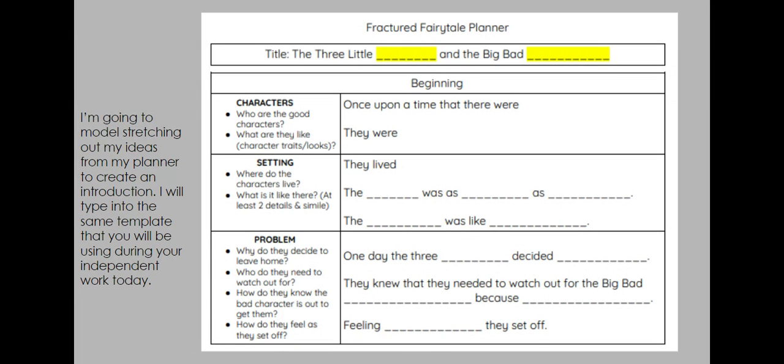They loved their home growing up. There was a problem. I'll introduce it there. Since I used "as" instead of "like," I'm going to erase this other blank space for my simile.